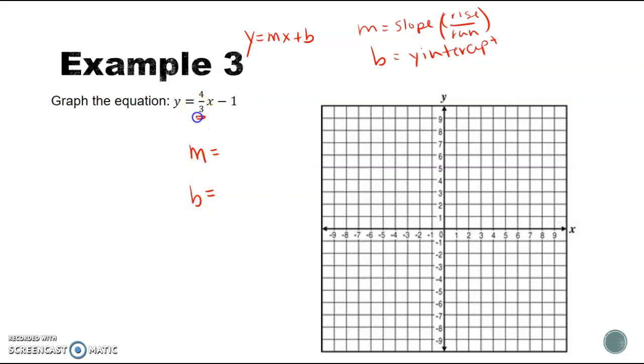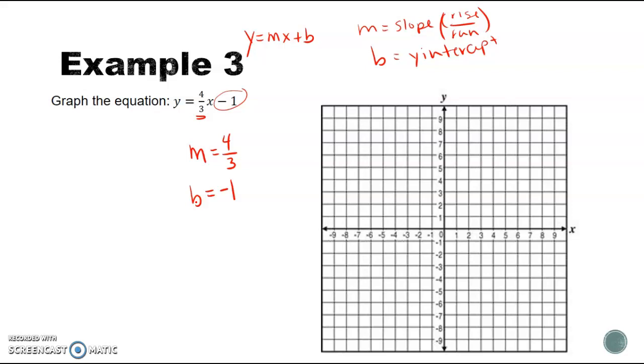My m here is going to be the 4/3. The slope is just the coefficient, not the x. My b is the number at the back. Normally it says plus b, but if you notice, this is -1, so I'm going to think of this as a -1. So I've got my slope, and I've got my y-intercept.